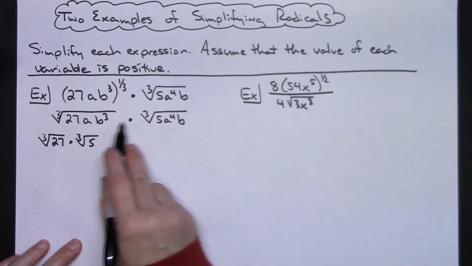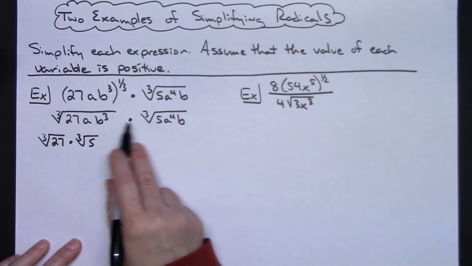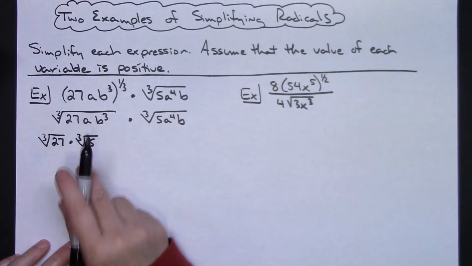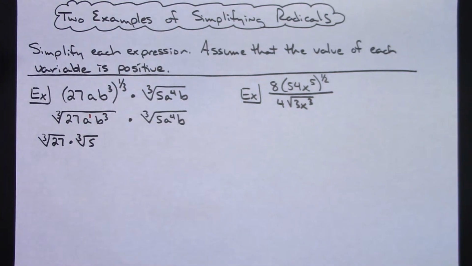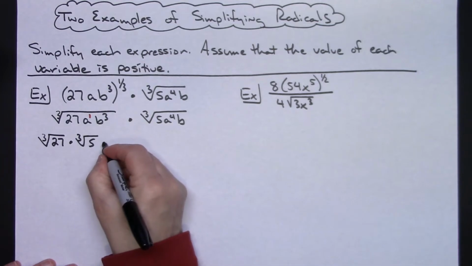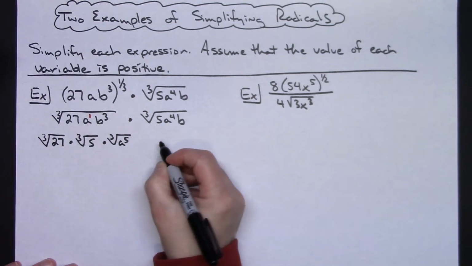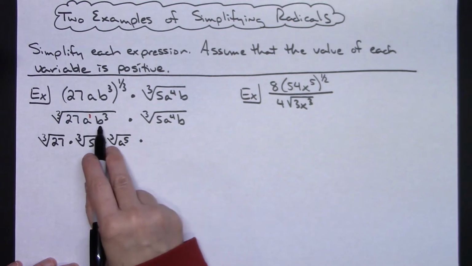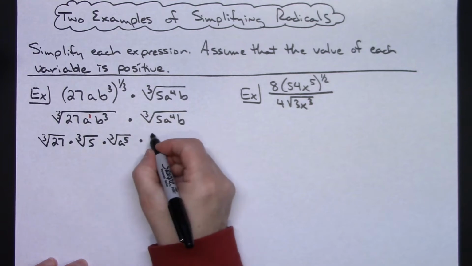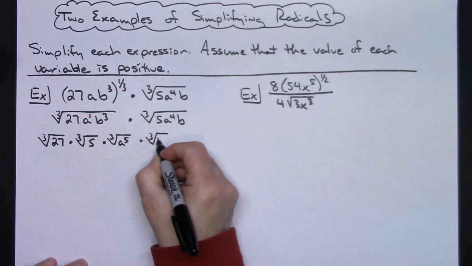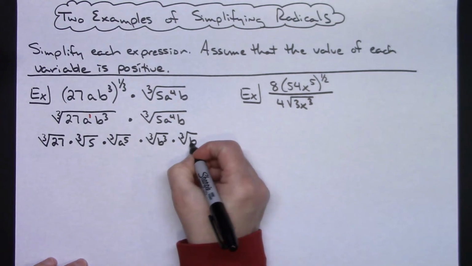Now for my a's, since neither one of those is a perfect cube, I'm going to go ahead and, when multiplying like bases, add the exponents, and keep in mind there is a little imaginary 1 right there, so that would give me the cube root of a to the 5th. And then because b to the third is a perfect cube, I'm going to leave those two separated. So cube root of b to the third, and then cube root of ab.